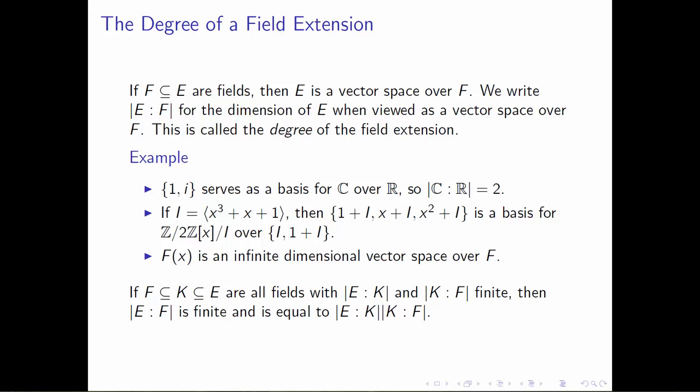Then we can view the largest field E as a vector space over the smallest field F, and that's going to be a finite dimensional vector space. And what's more, we can say exactly what the dimension of that extension is. The degree of the extension from E down to F is just the individual degrees of the extensions multiplied together.